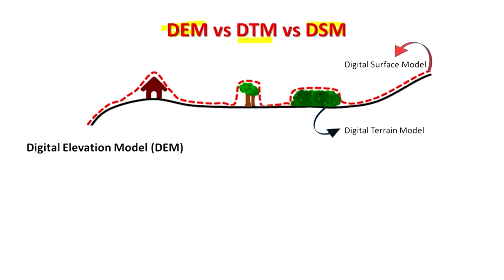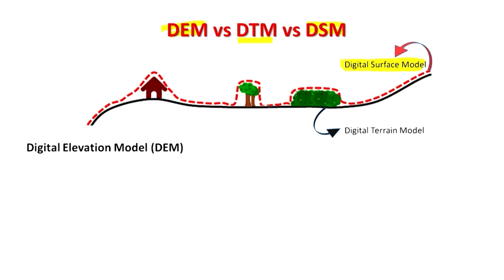So, what you are seeing here, the red dashed line, is the DSM, digital surface model. Any object which is present on the earth, when it is represented on top of that surface, going above all these objects, then truly it is called a digital surface model, DSM.